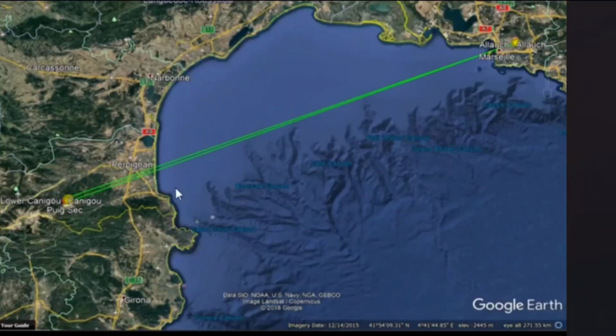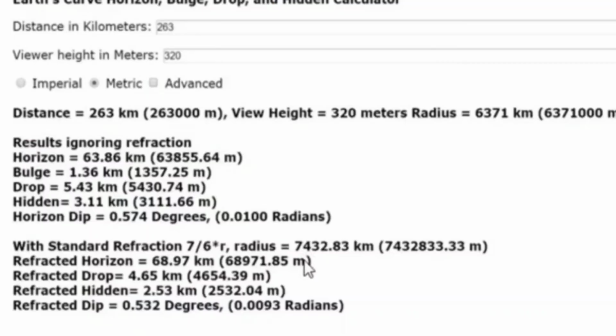And we know the distance from Canigou to Aloche in France, where the photo was taken, is 263 kilometers. So let's plug the numbers into the Metabunk curve calculator and see what it thinks we should see if the Earth was a globe. So our distance to the mountain is 263 kilometers, and the viewer height of 320 meters gives a refracted hidden of 2,532 meters.